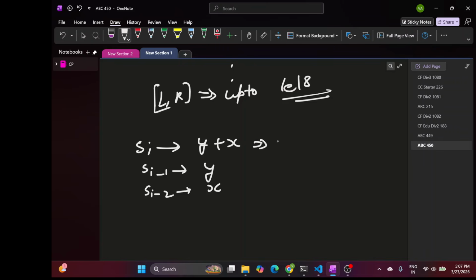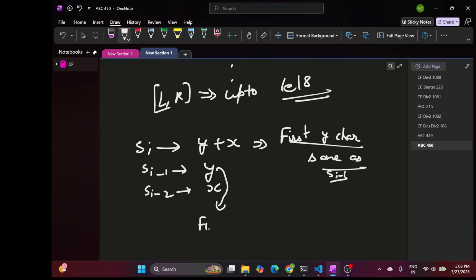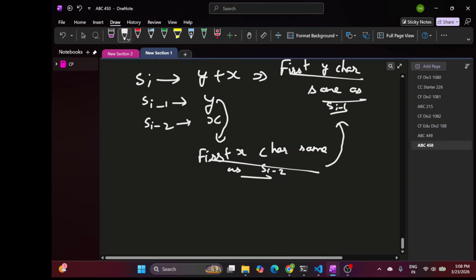And we can say the first Y characters are the same as Si minus 1, right? And similarly for Si minus 1 also we can write, first X characters are the same as Si minus 2, right? And we can write the same for Si as well, right?